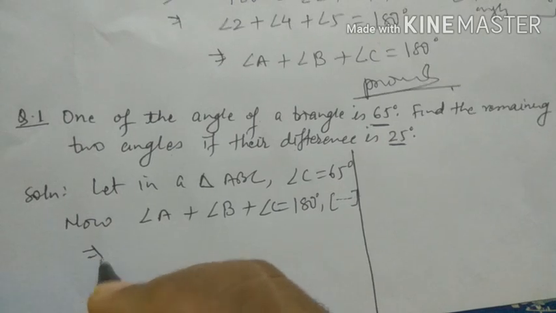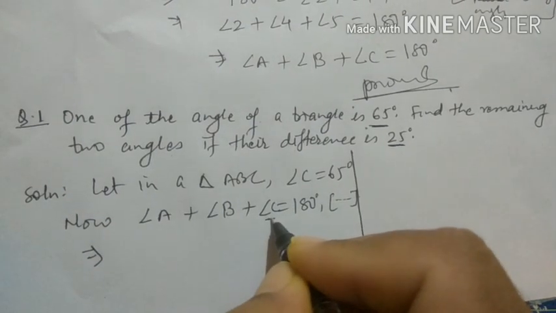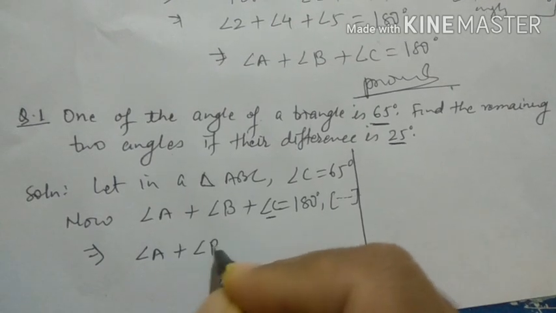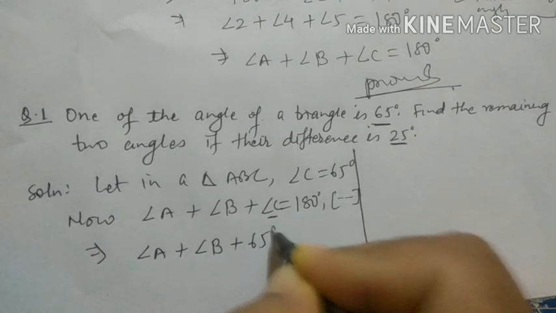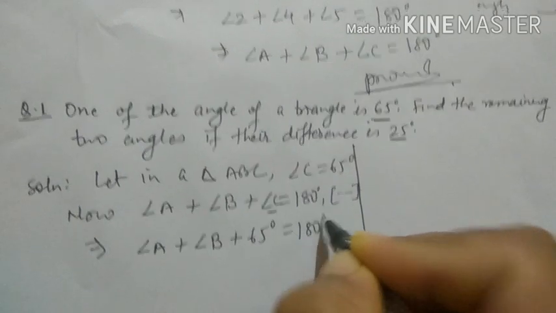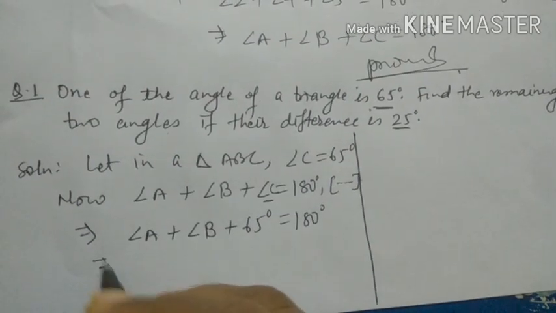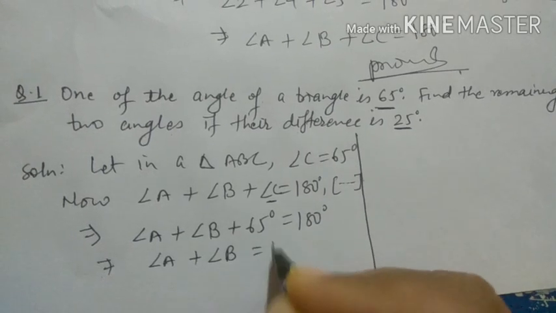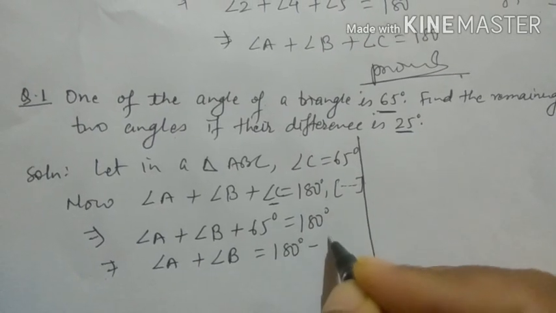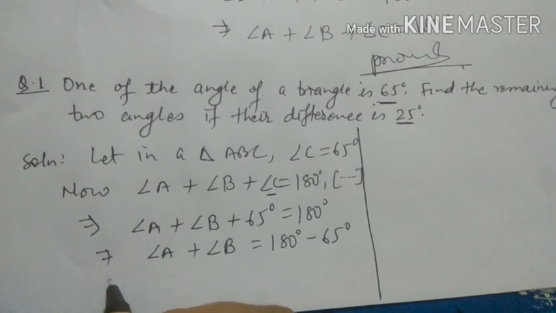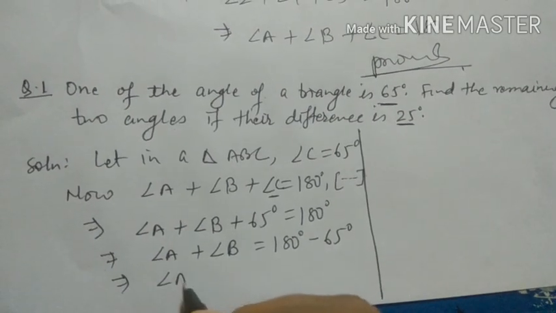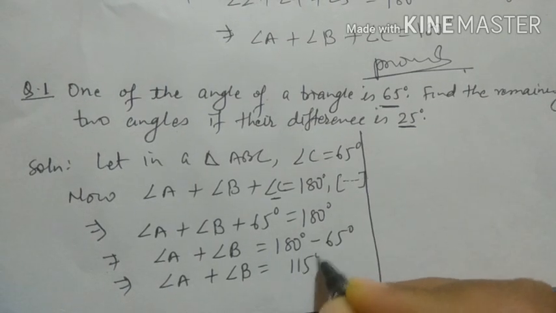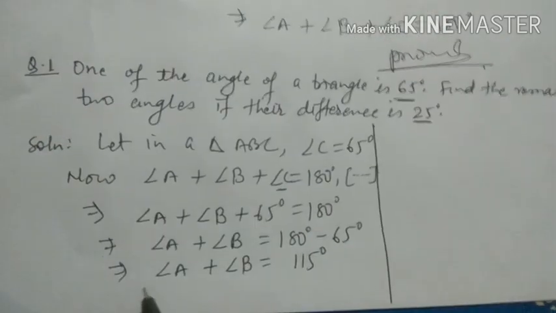Since C is given as 65, we write angle A plus angle B plus 65 degrees equals 180 degrees. This implies angle A plus angle B equals 180 degrees minus 65 degrees, so angle A plus angle B equals 115 degrees.